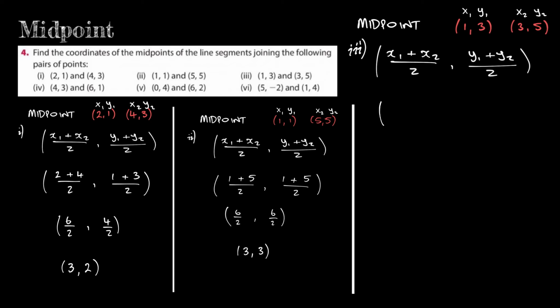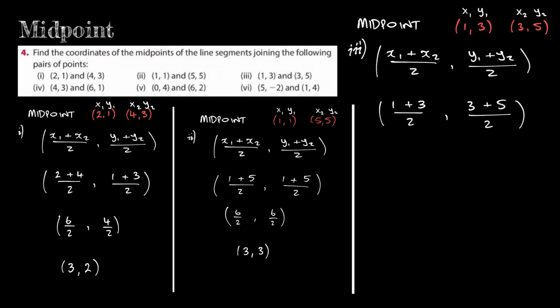So x1 is going to be 1 plus x2, which is going to be 3, all divided by 2, comma y1 is going to be 3 plus y2, which is going to be 5, all divided by 2. And you can see exactly where those values come from. x1 is 1, x2 is 3, y1 is 3, y2 is 5.